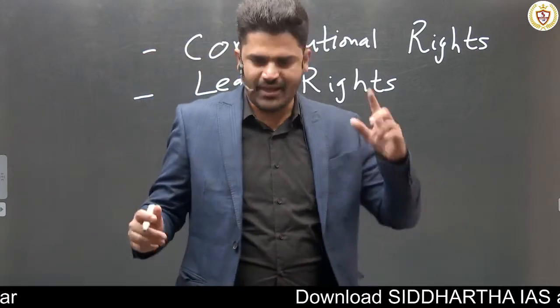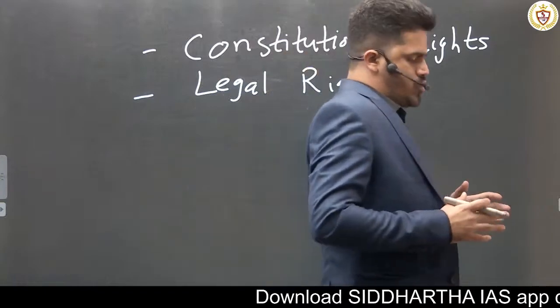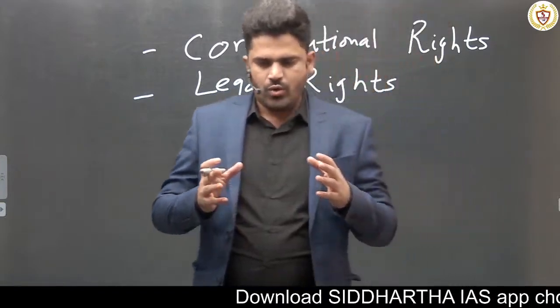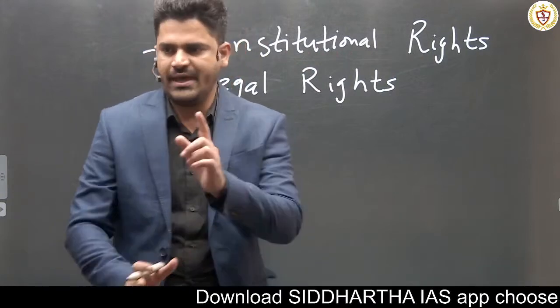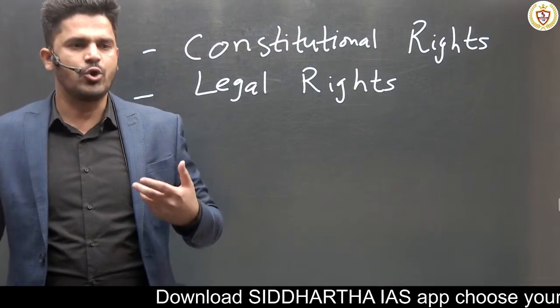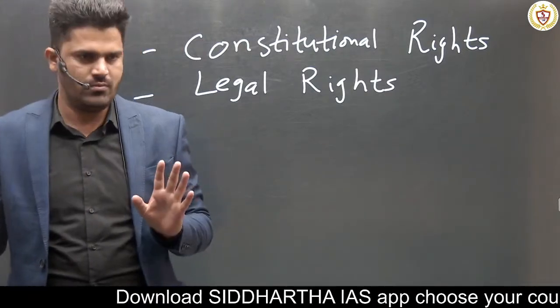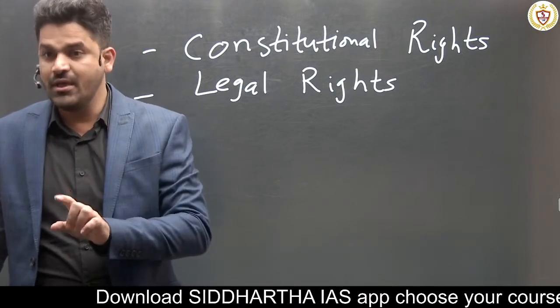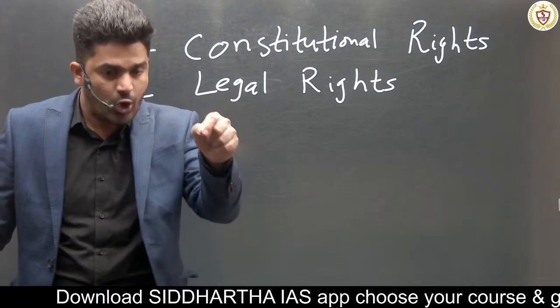I told you in the beginning lecture. The Constitution is a legal document having legal sanctity, which represents the aims, goals, vision and aspirations of the people as a whole. That is what the Constitution is. But the Constitution is also a legal document.